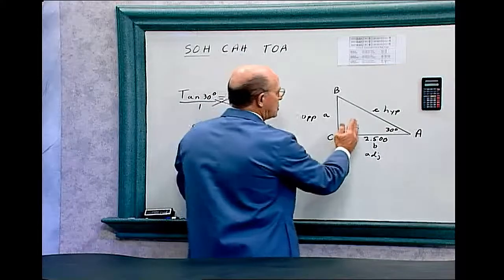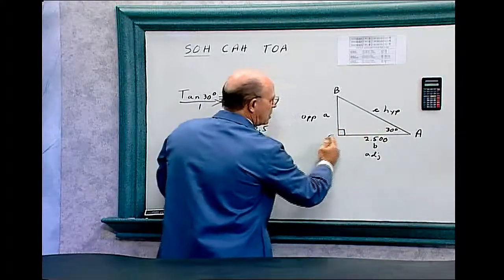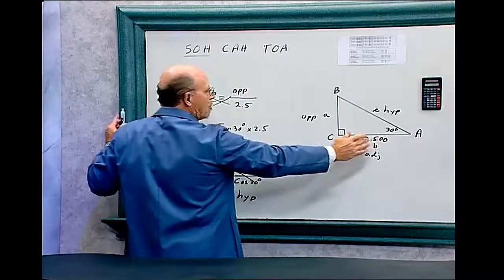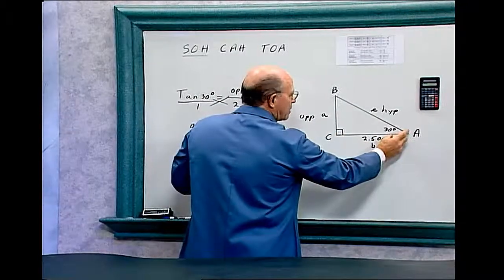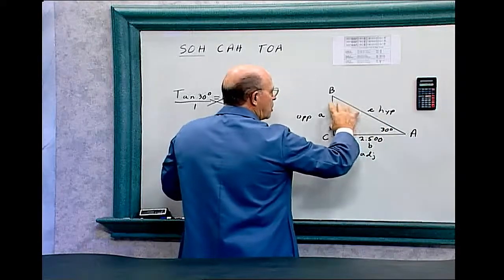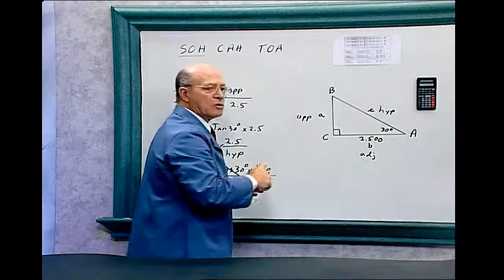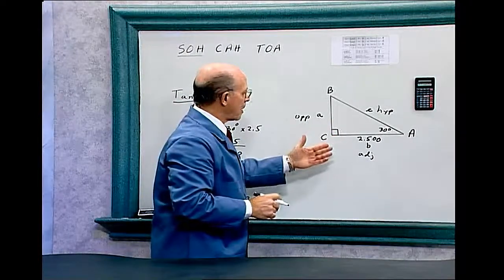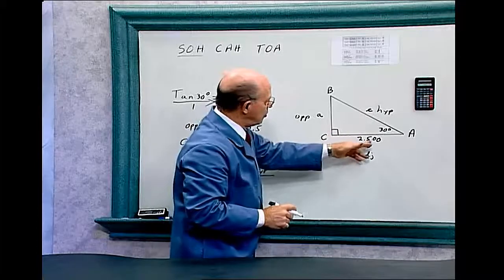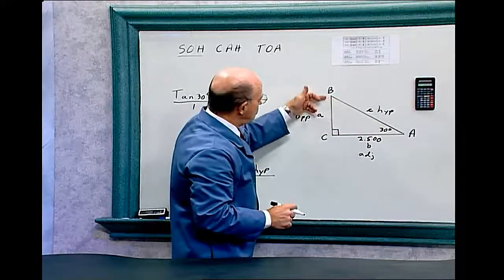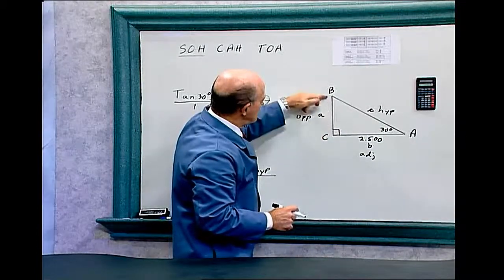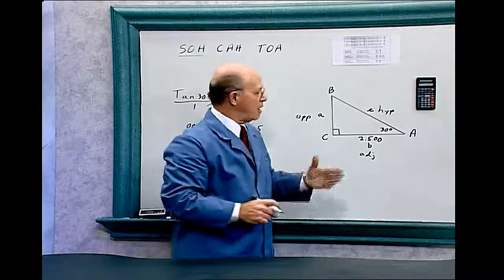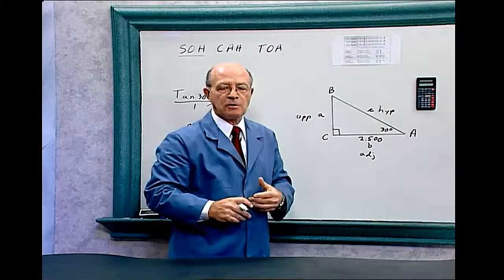What's going to change is the length of this side adjacent. I don't care if it's a mile long or as small as you can make it, this 30 is always the same. And that's the ratio. That's how trigonometry works. It works off a ratio. Since this is 2.5 and this is 30 degrees, we have a fixed side over here. And in the next page, we'll show you how to use the calculator and get the proper answer.